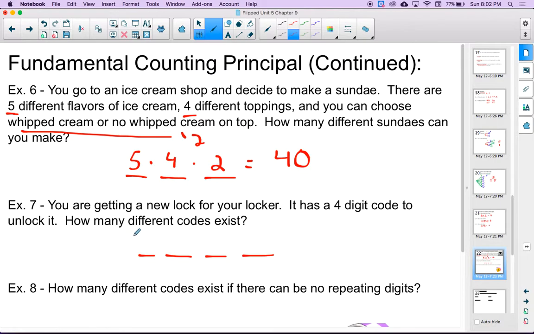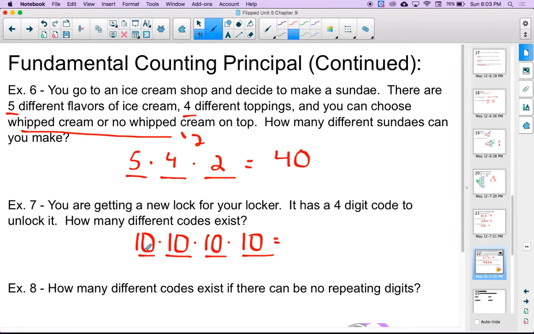If you count them up, if we include 0, that's 10 possible digits for my first number in my code. 10 possible digits for the second number of my code. 10 possible digits for the third number, and 10 possible digits for the fourth number. Okay, 0 through 9, 0 through 9, 0 through 9, 0 through 9.